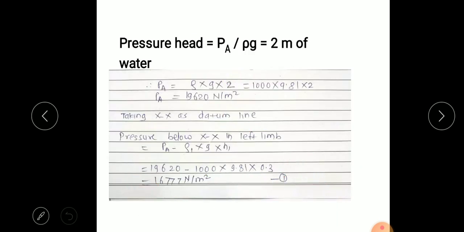So we can write the pressure below XX in the left limb as PA minus rho 1 g h1. So all is given, and we find the pressure below XX in the left limb to be 16.77 Newton per centimeter square, equation 1.